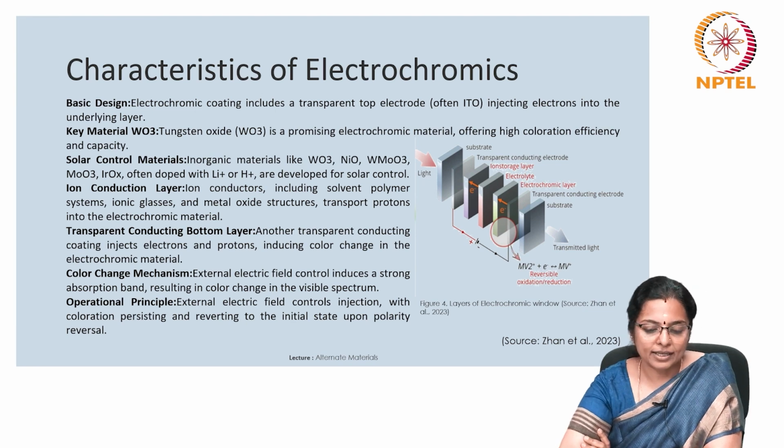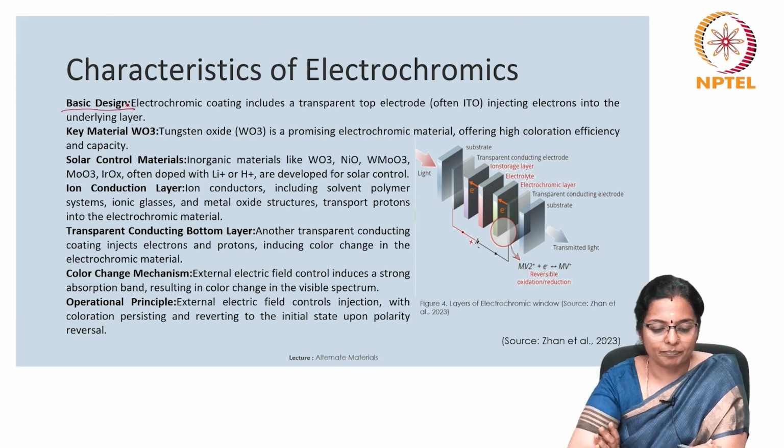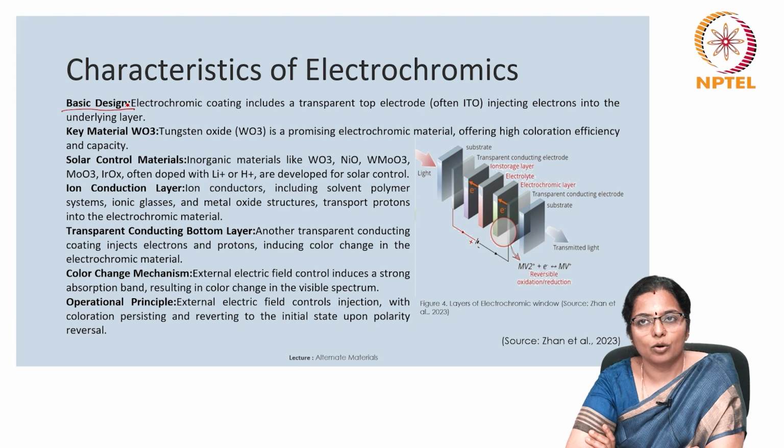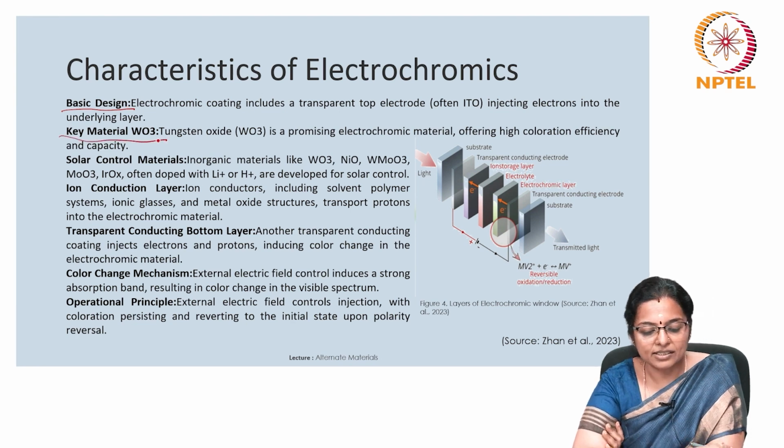Let us now look at the characteristics of electrochromics. If we look at the basic design, the electrochromic coating includes a transparent top electrode injecting electrons into the underlying layer. The key material is tungsten oxide.